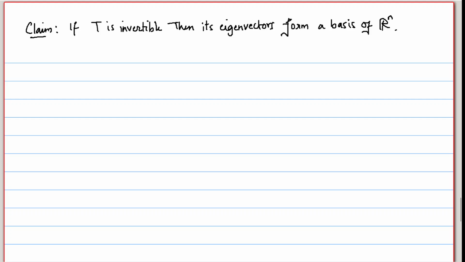But invertible when you say, use the rank nullity theorem. So you're saying rank of T plus nullity of T is n. So if the rank is full rank, then nullity of T is 0, right?